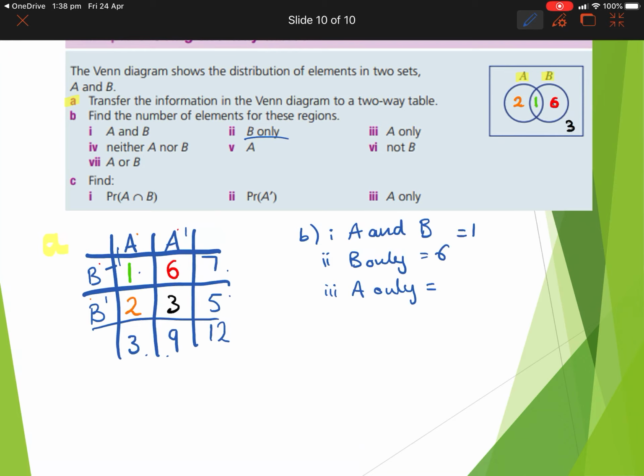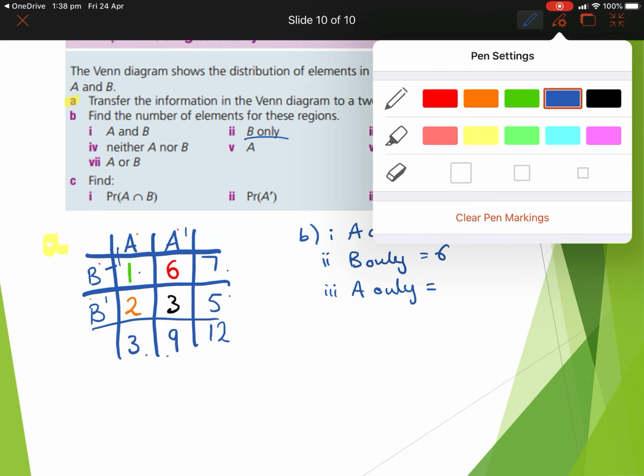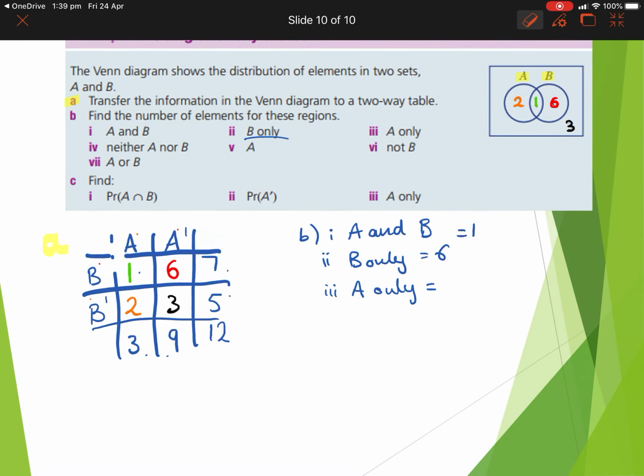A only is... good. So yes, A only would be 2. For 4, neither A nor B. Neither A nor B is, so not in A or B, is the 3.